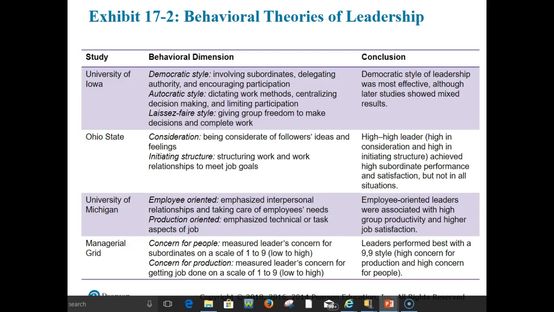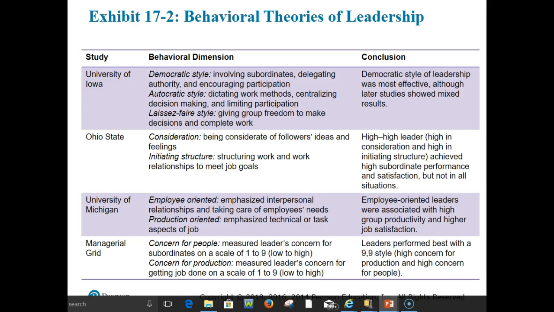Now, Exhibit 17-2 here illustrates the behavioral theories of leadership. So to the left, you have the name of the study, and then you go into the behavioral dimensions, and then the conclusions associated with each study. So you have your University of Iowa study, democratic style involving subordinates, delegating authority and encouraging participation.